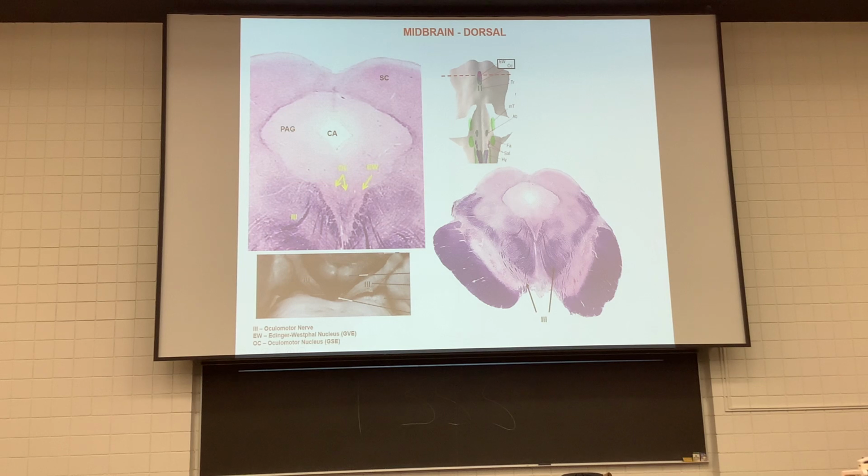And this is where they're located, in what's called the Edinger-Westphal nucleus. Okay, so somatic motor would be these guys right on the midline. Edinger-Westphal is just a little bit lateral. Somatic motor, visceral motor, they're all coming out together in bundles of axons that are going out to the eye.